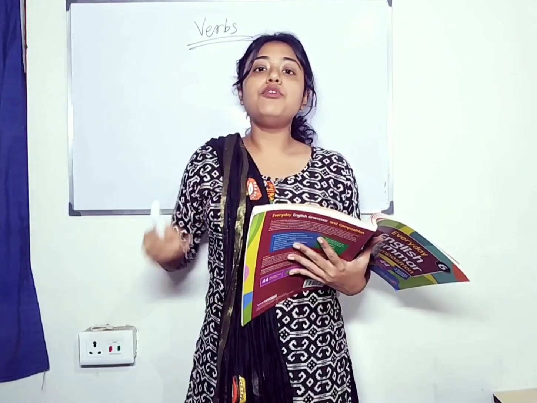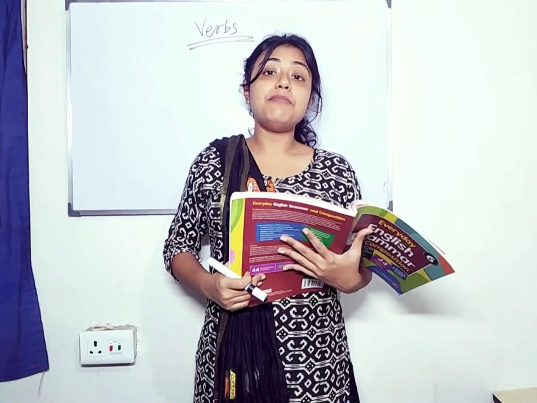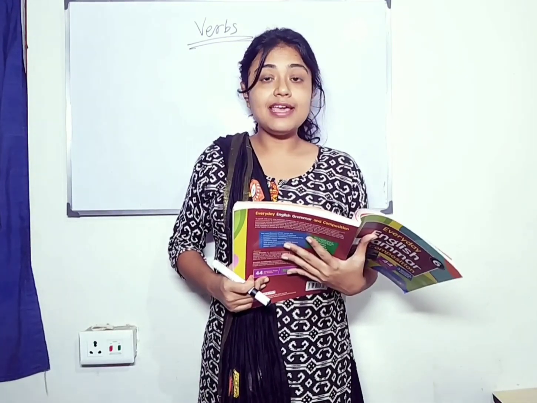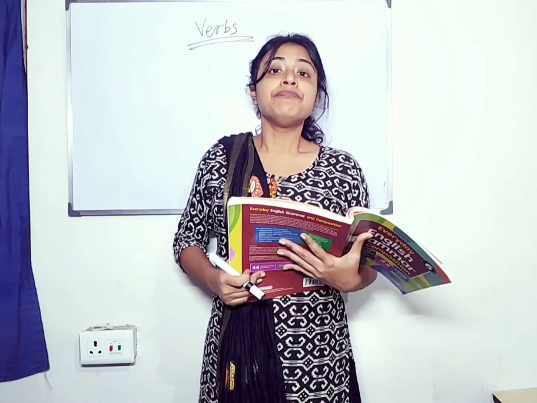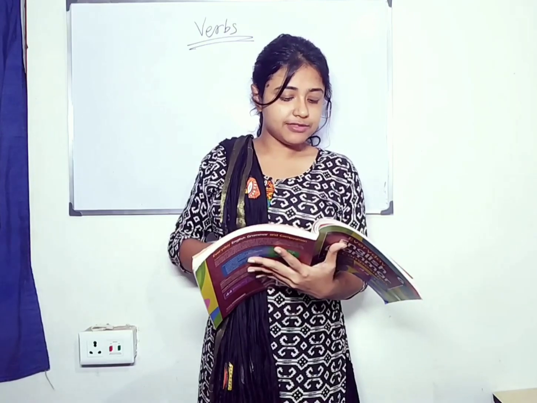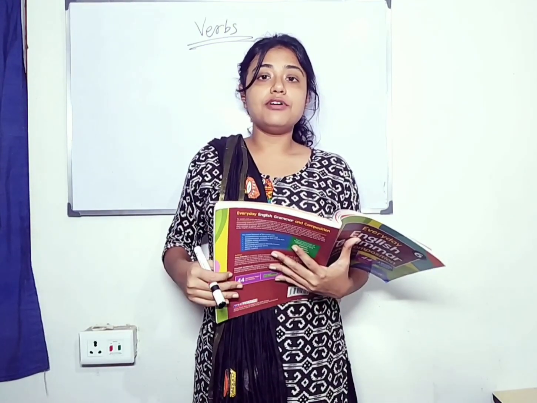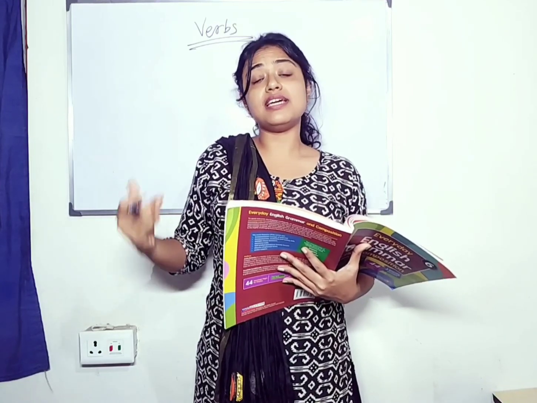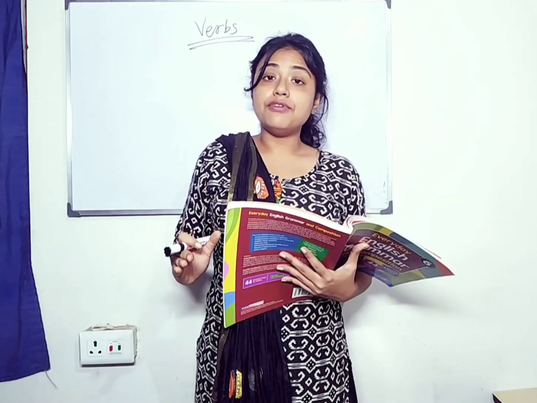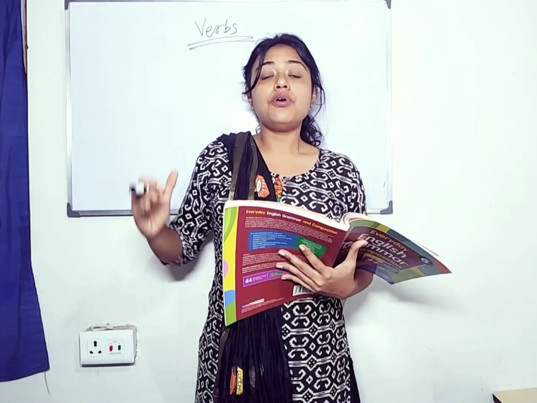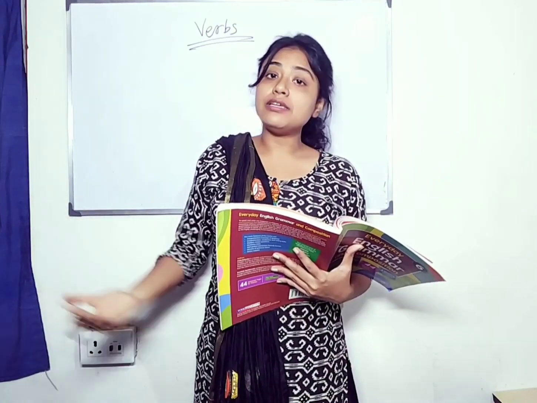What is main verb? We all know main verbs can be used independently. That is why they are called independent verbs or full verbs. And auxiliary verbs, they often sit along with the main verb in order to have a complete meaning.